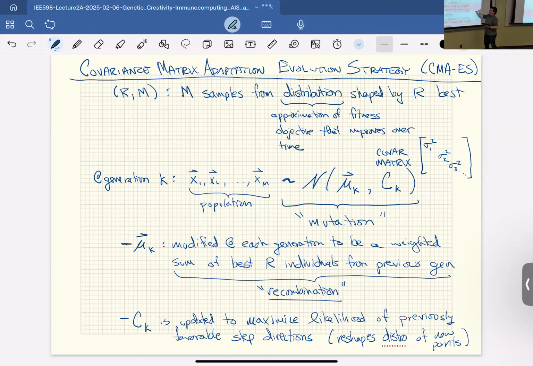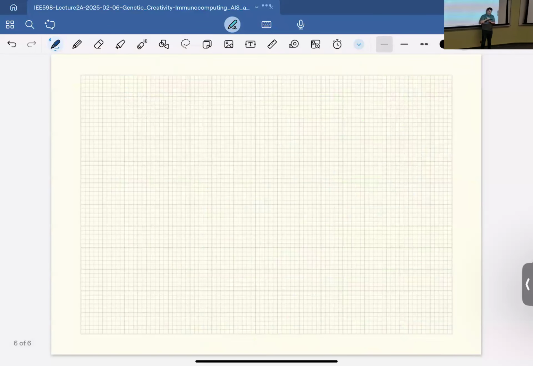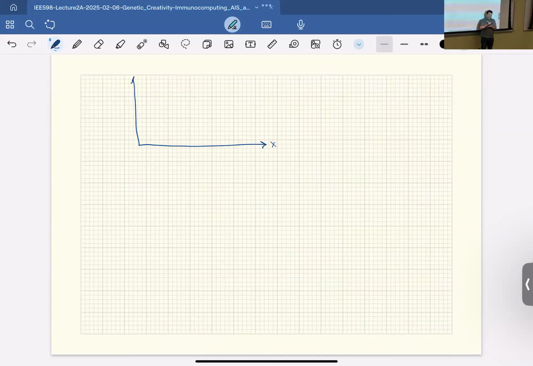This idea that it's viewing that your population is being sampled from a distribution which over time, so what happens with this is if you have a space like, if I were to draw it in 1D, which will not do it justice, so I'll try to draw it in 2D as well, though that always scares me to do that. If I have an optimization objective that, let's say I'm trying to maximize, what CMA-ES will do is it might start out with a bunch of points initially kind of everywhere.